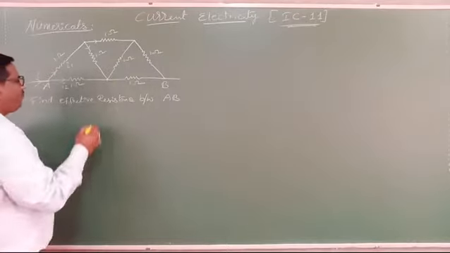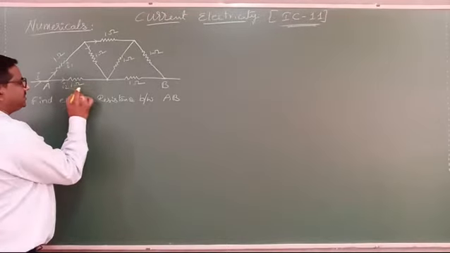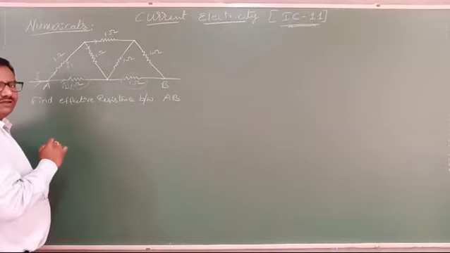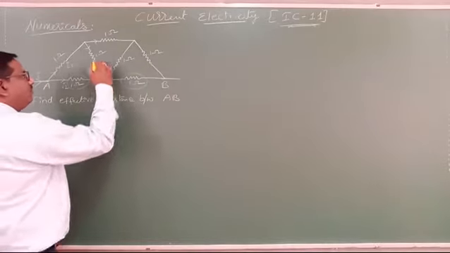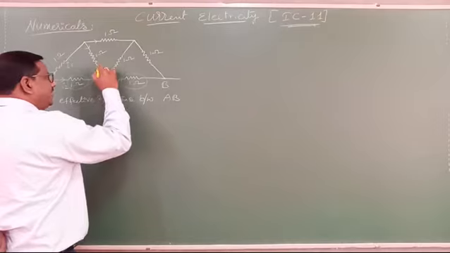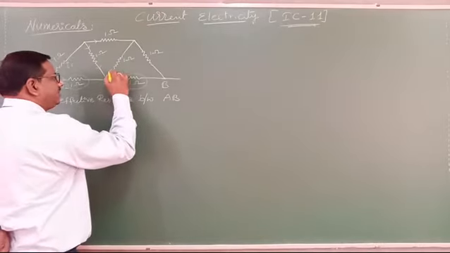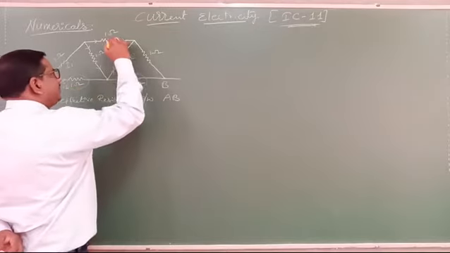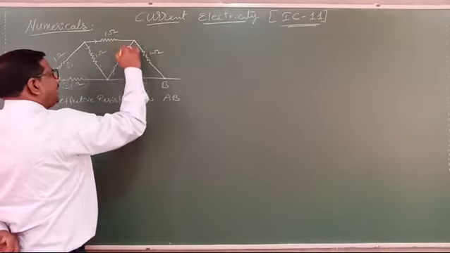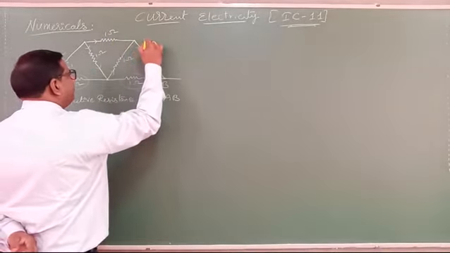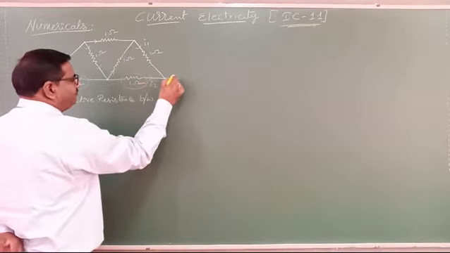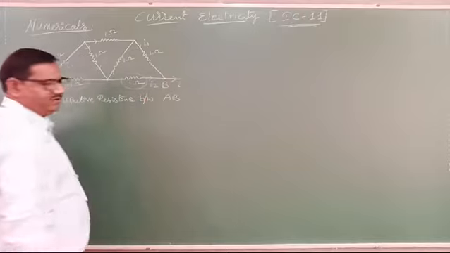The current in this resistor and here is the same. The current that flows here comes here and moves upward. Then these two add again as I1, and here the current is I2. Finally we get current I.